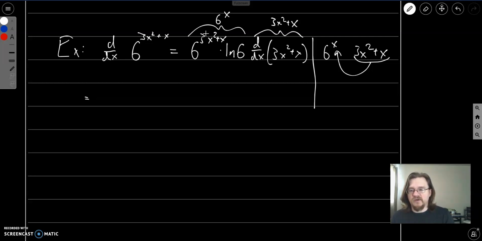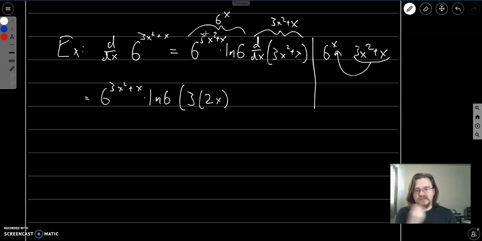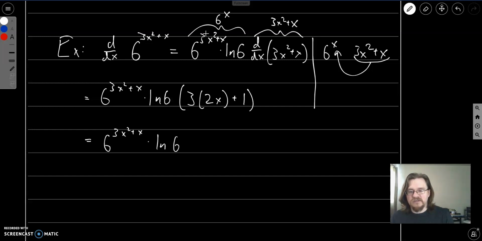Well, 6 to the 3x squared plus x times the natural log of 6. And then over here I have the derivative. So the derivative of 3x squared, the factor of 3 just stays there, and the derivative of x squared is going to be 2x. And then the derivative of x is just going to be 1. So after I simplify this, I'll get 6 to the 3x squared plus x times the natural log of 6 times 6x plus 1.